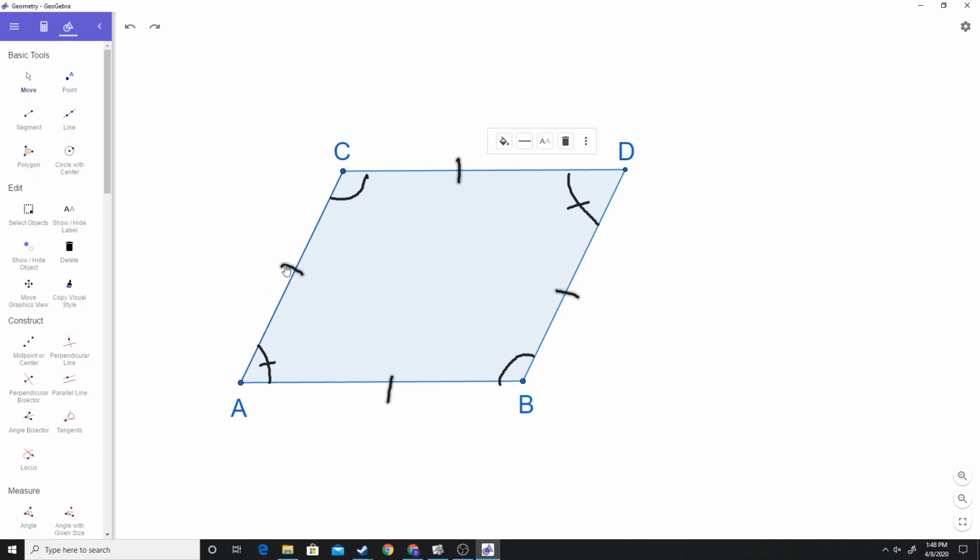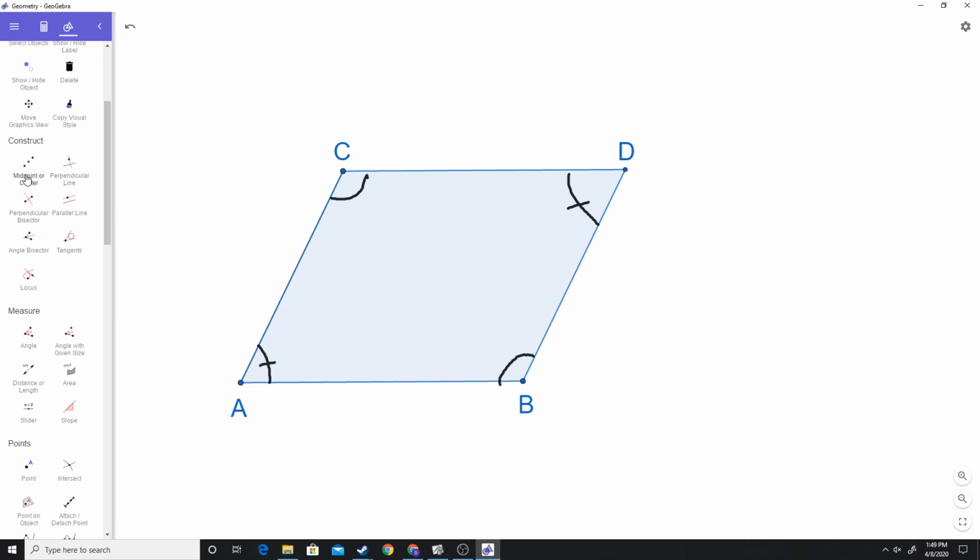So all these basic facts we know about. Let's then find the midpoints of the sides. So we have a midpoint here, midpoint here, midpoint there, midpoint here.